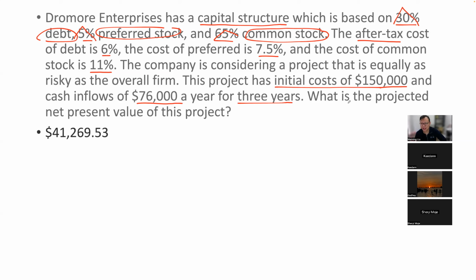So what are we missing? Let's say you know the initial cost and you know the cash flows and for how many years. Now you want to calculate net present value. So which information are you missing in order to get that present value? Can anyone tell me which information you are missing? Anyone?